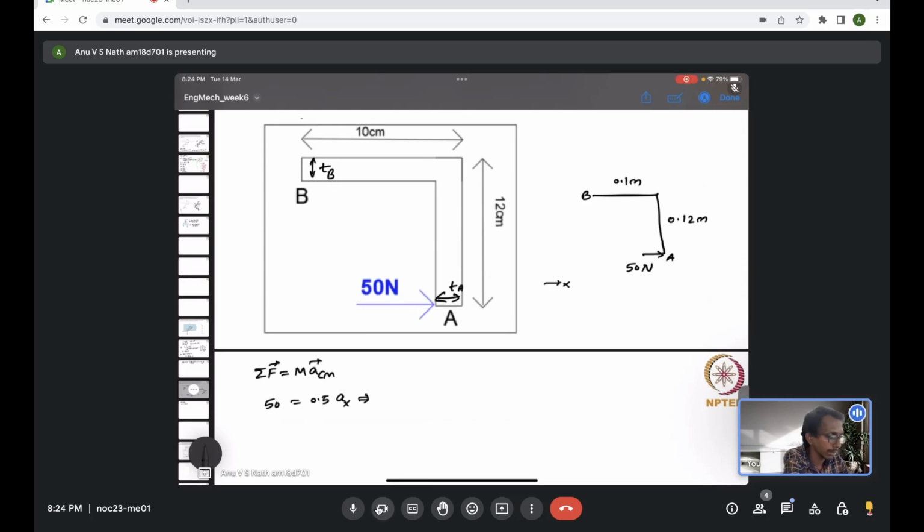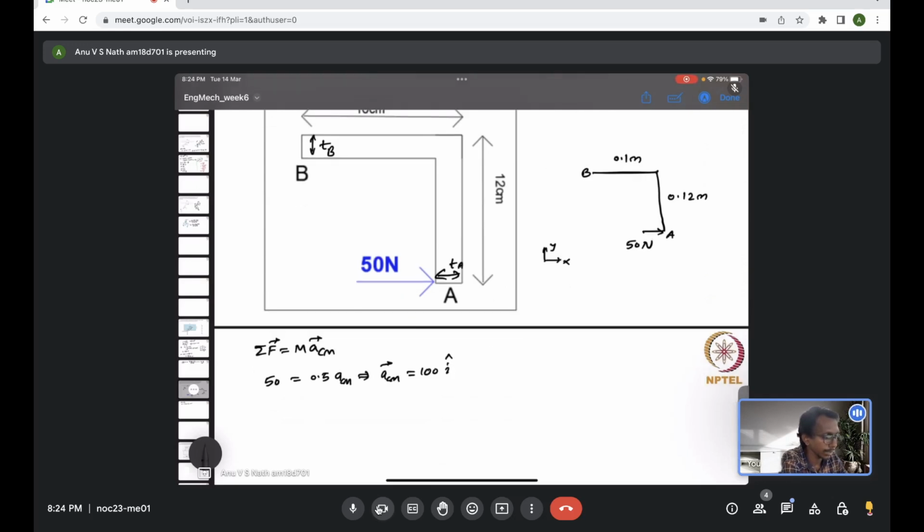Let's say this is x direction and this is y direction. Okay. So you will get acceleration of x is 100. This is basically the acceleration of the center of mass. I think I should write it as acceleration of the center of mass in the x direction, in the i cap direction.